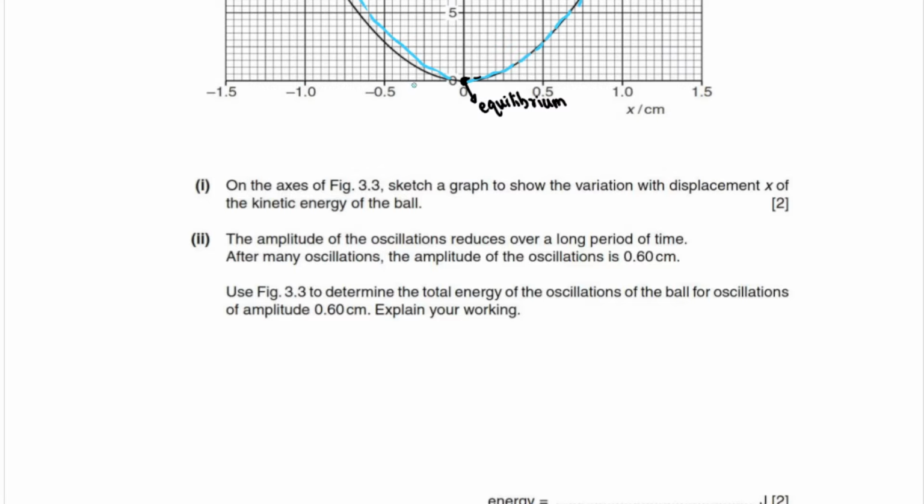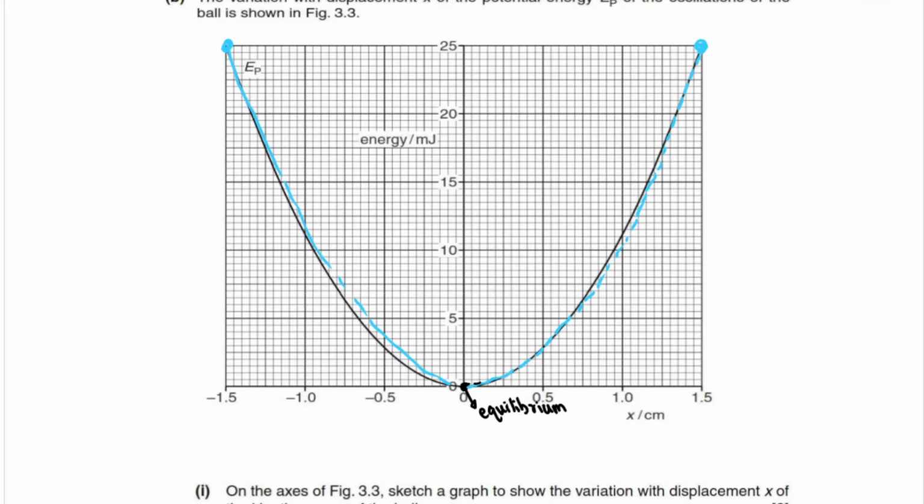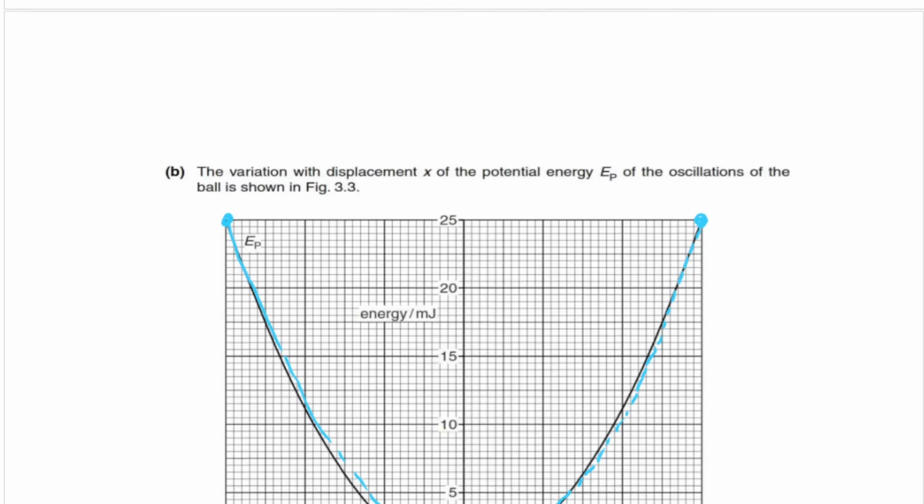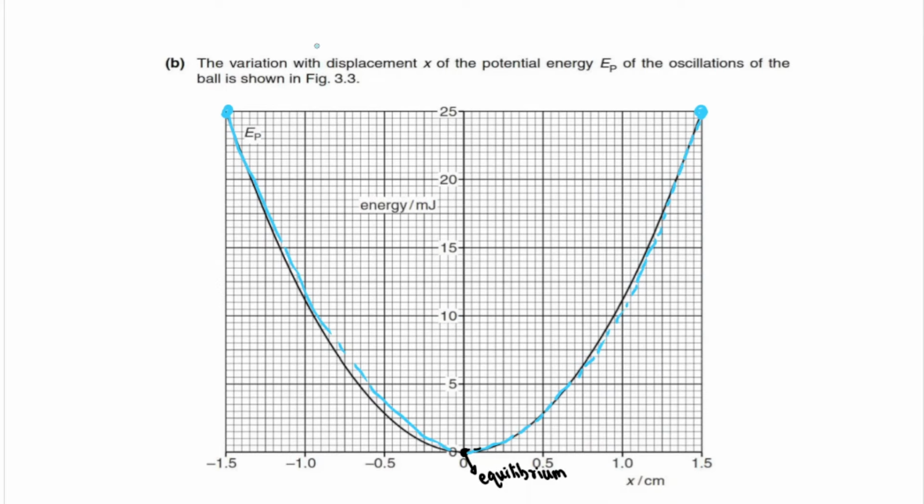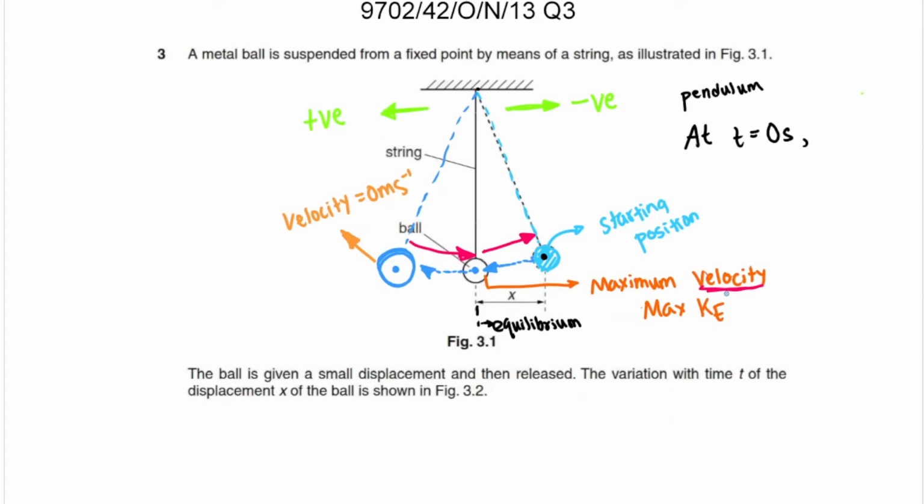On the axes of figure 3.3, sketch a graph to show the variation with displacement x of the kinetic energy of the ball. Okay, simple, very easy. Get back to the graph. The question says that they want us to draw the graph that represents kinetic energy change during the ball's motion. We know at the equilibrium position, kinetic energy is maximum because velocity is maximum.